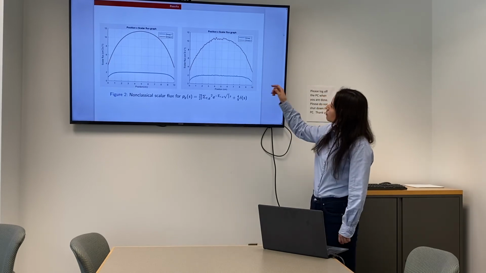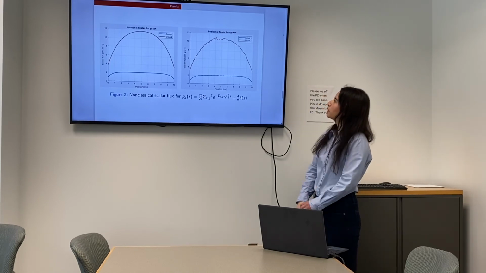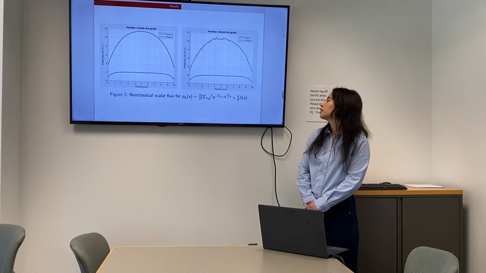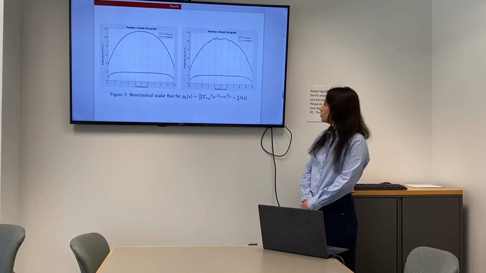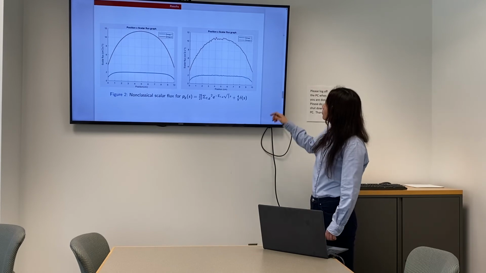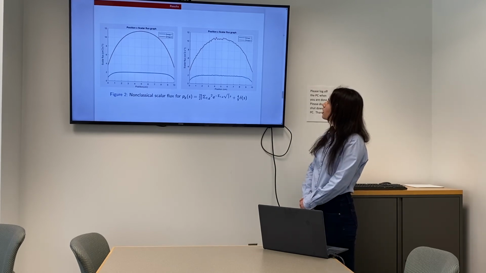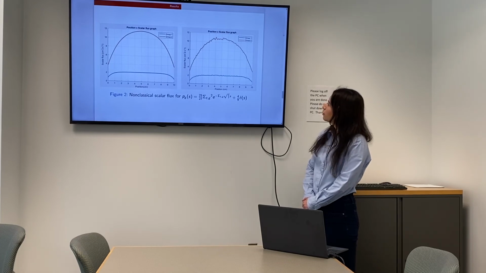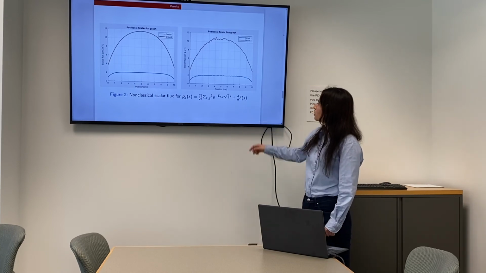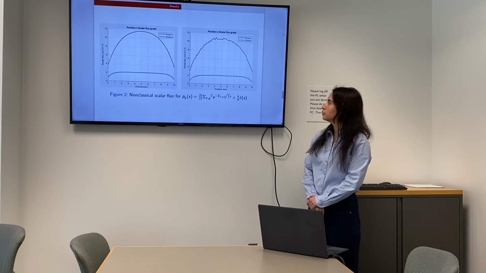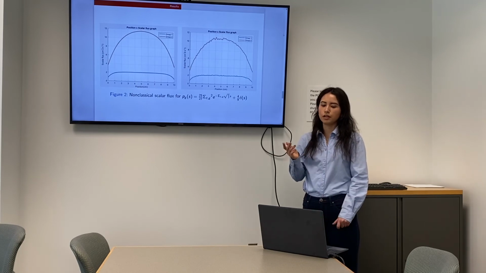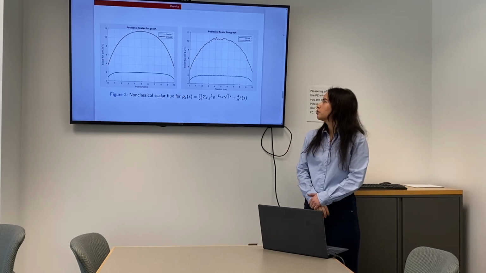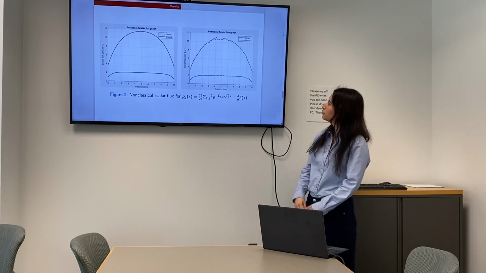The first graph represents the results given by the analytical diffusion multigroup method, and the second given by the non-classical multigroup Monte Carlo method. We can see that the results are different from the previous one because P of S here is non-exponential. So the results given by the classical diffusion analytical multigroup method is different from these results here.